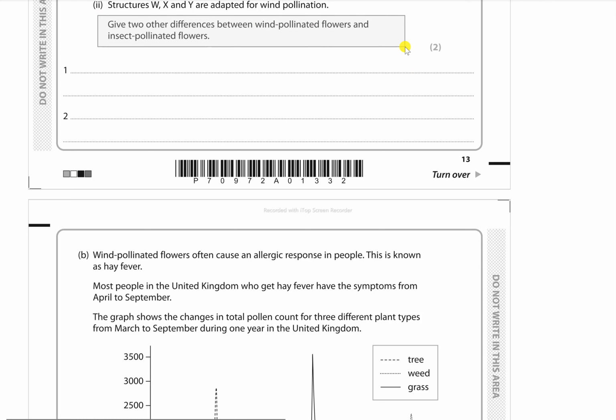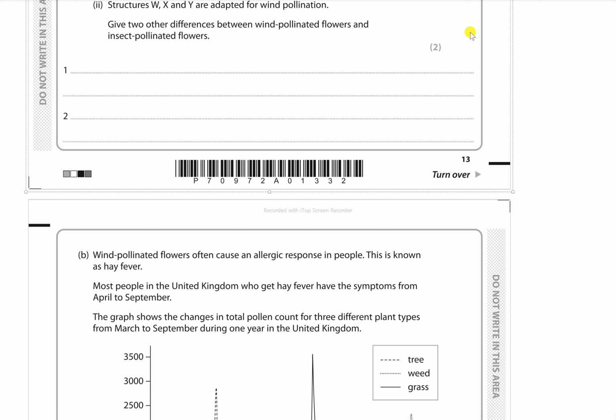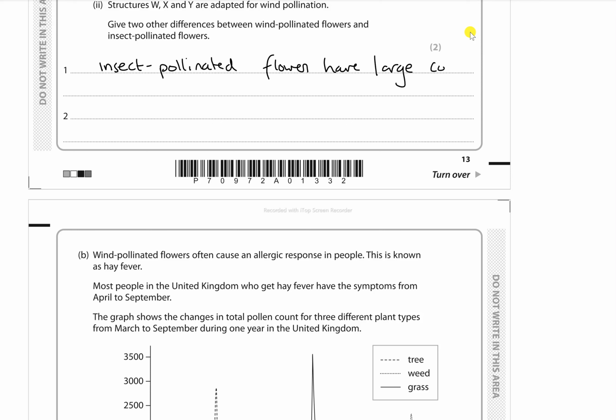Give two differences between wind and insect pollinated flowers. Insect pollinated flowers have large coloured petals to attract insects.